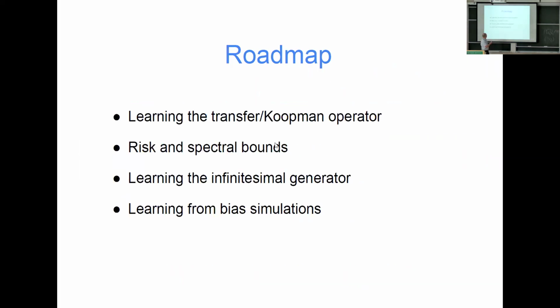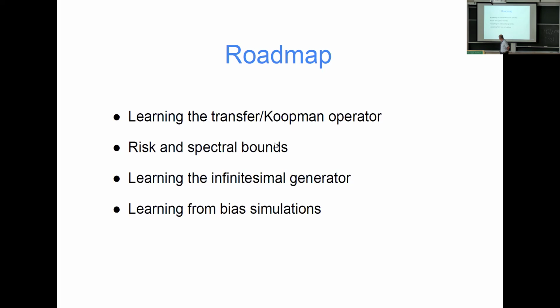I will discuss results about the problem of statistical learning of these operators. In particular, I will focus on stochastic dynamical systems. So, discrete stochastic dynamical systems, I will discuss how to learn the transfer operator.